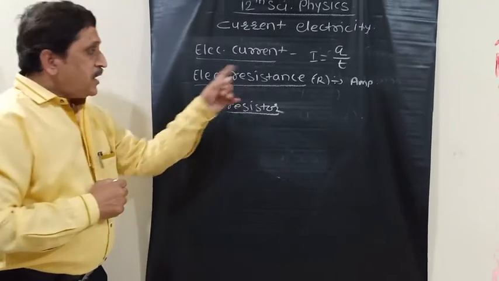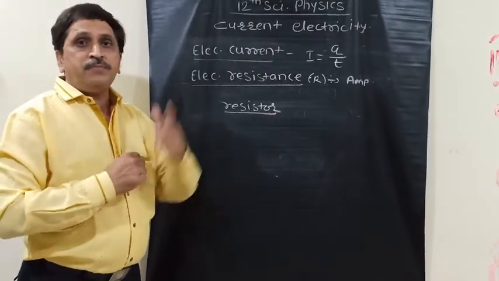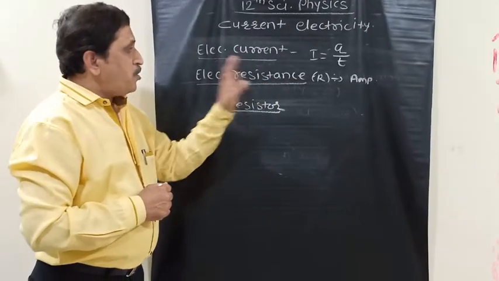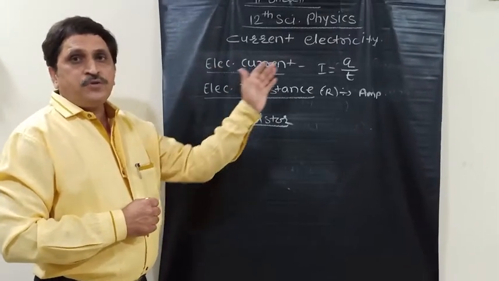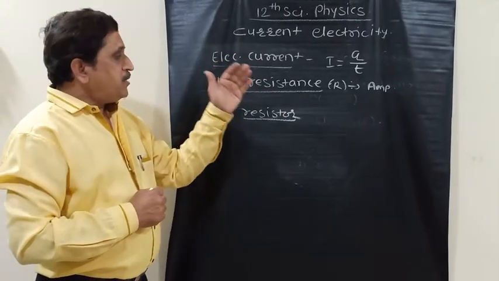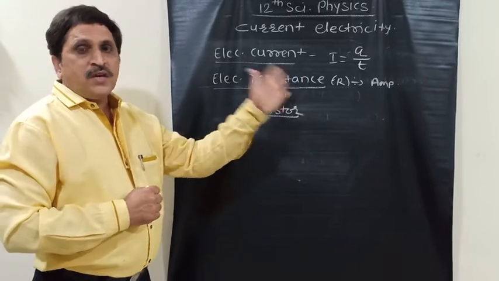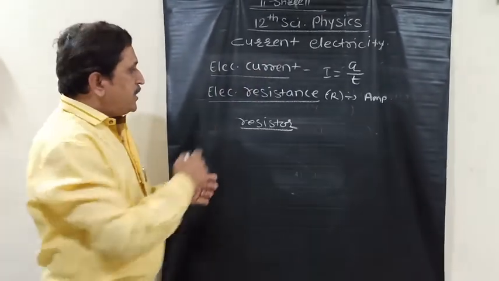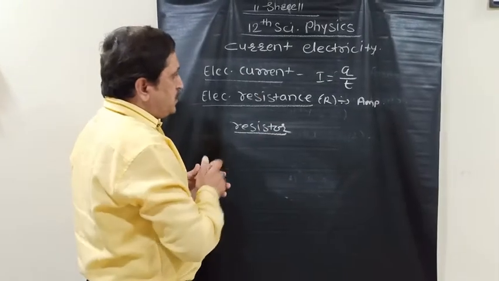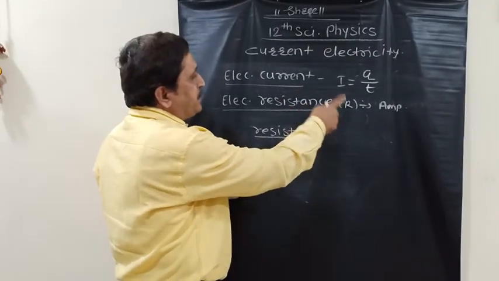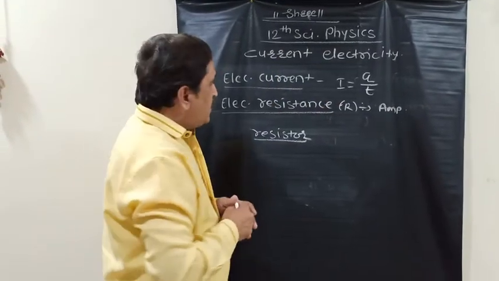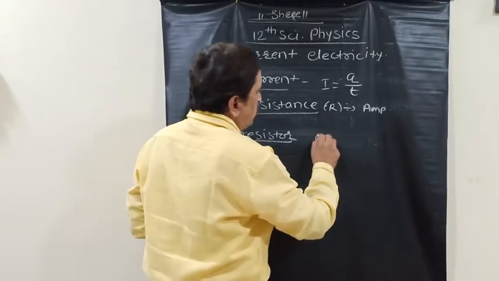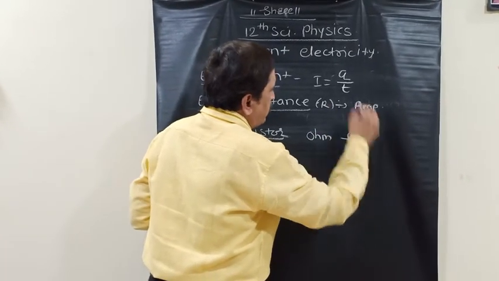What I am telling is, resistance is the property of the material because of which that material opposes the flow of electric current, and the material which shows such a property, that means opposition to the electric current, is known as a resistor. Now resistance is represented by the capital letter R. The SI unit of resistance is ohm. In symbolic form we can write all these things.